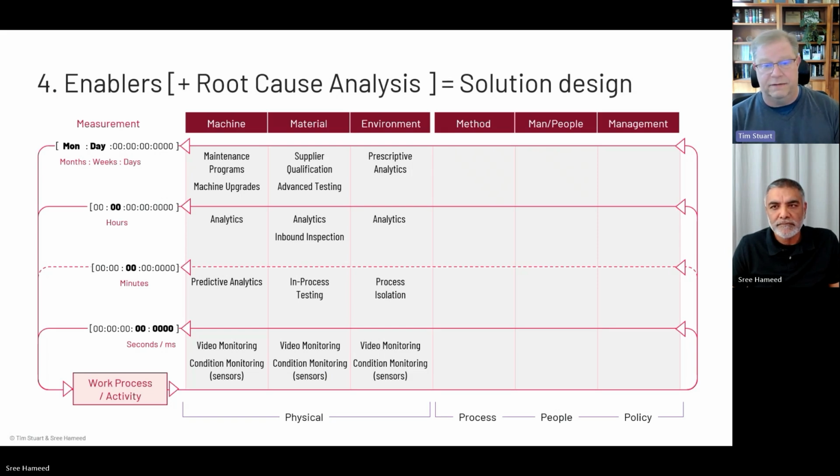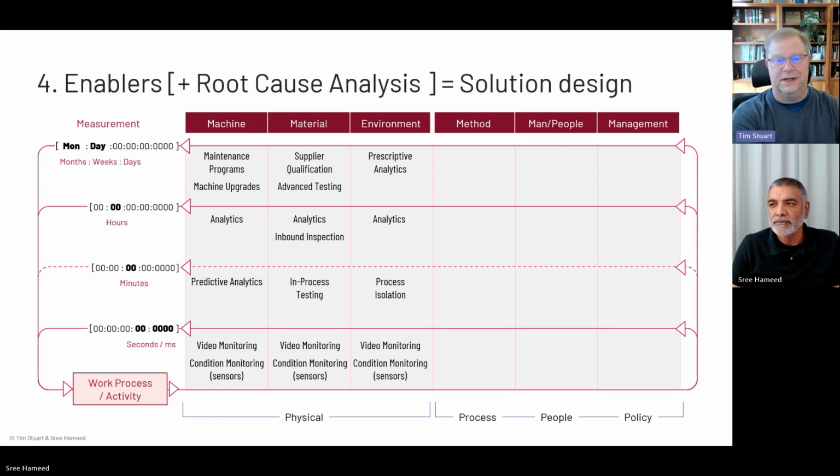Same thing with the supplier qualification process or advanced testing on inbound inspection, or from an environment and prescriptive analytics where I can close the loop and say that if my humidity is going up, I automatically make these changes in the controller and so forth. So those are things that have a systemic change to long-term impact, but they're not going to help at the individual millisecond level.